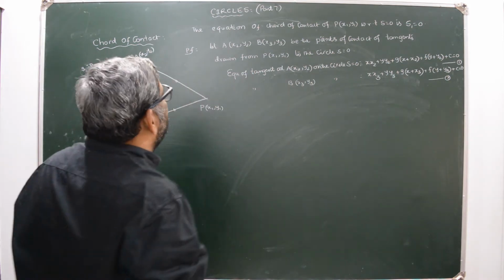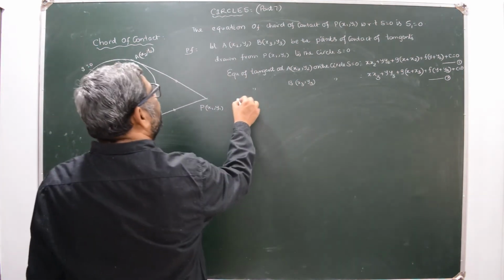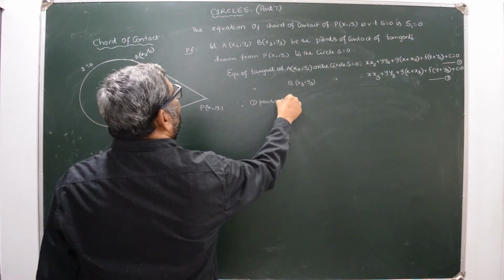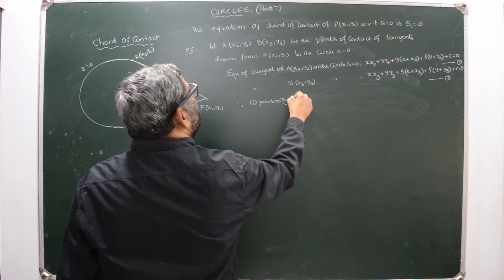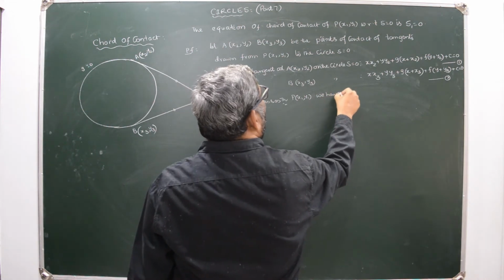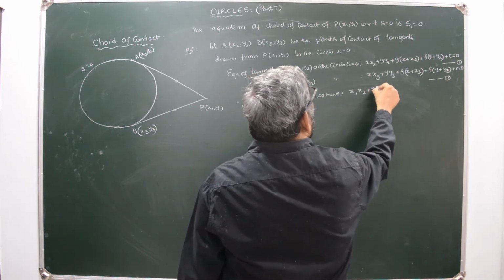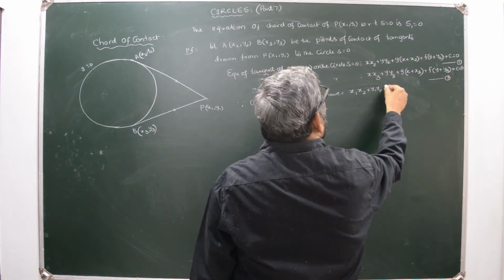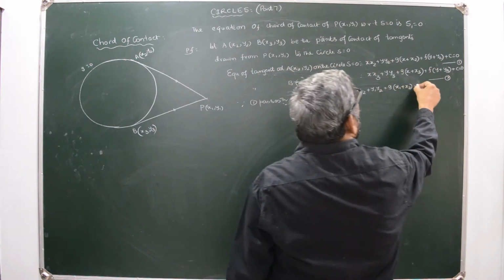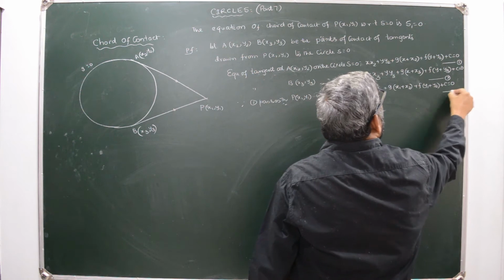Now both the tangents at A as well as B are passing through the point P. Since one passes through P(x1, y1), we have x1 x2 + y1 y2 + g(x1 + x2) + f(y1 + y2) + c = 0. Call this 3.